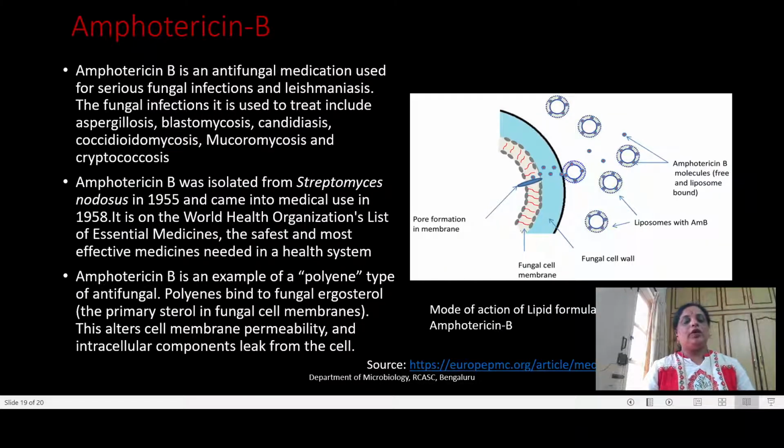So likewise, you have one more important antifungal agent called amphotericin B. This is now a talk all over at this particular outbreak of corona. After the infection with the corona, there are certain black molds, especially mucor or the zygomycetes fungi, which are infecting those people who are immunocompromised, as well as some of the diabetic patients.